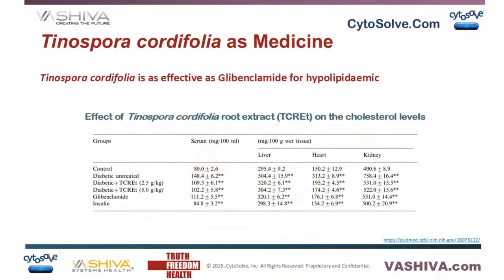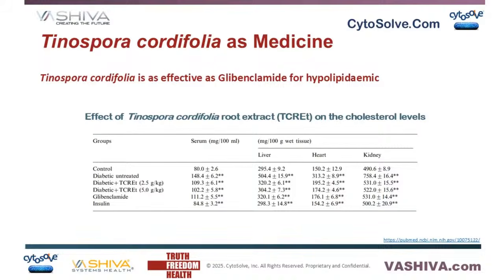Tinospora cordifolia root extract, showing it to be as effective as glibenclamide in reducing cholesterol levels. The table presents cholesterol concentrations in serum, liver, heart, and kidney tissues across different groups. Diabetic, untreated animals show markedly elevated cholesterol levels compared to the control group, indicating hyperlipidemia.